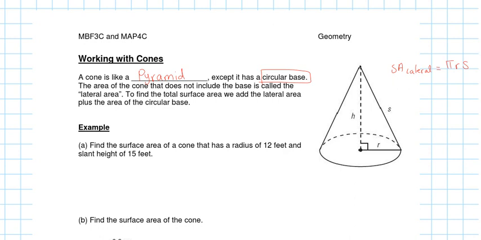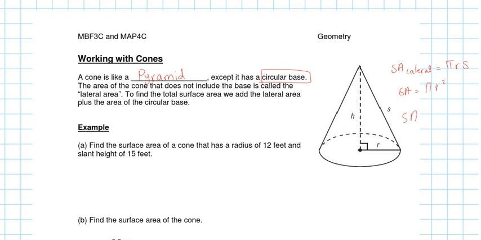And then the area of the circle is pi r squared. So altogether, your formula is going to be pi r squared plus pi rs. Okay? So I need the slant height, I need the radius. These are the two things that I need to find the surface area.